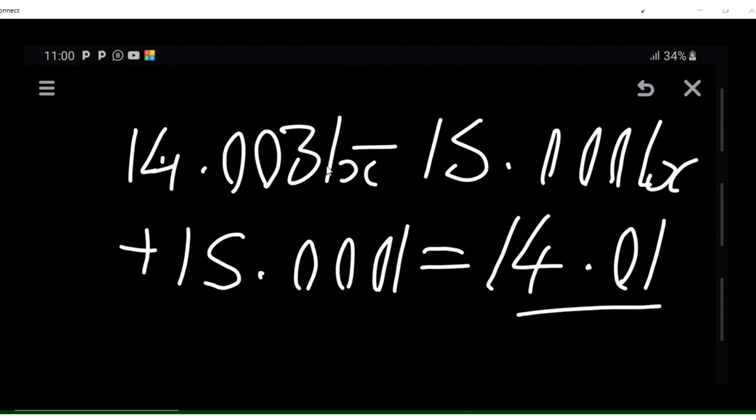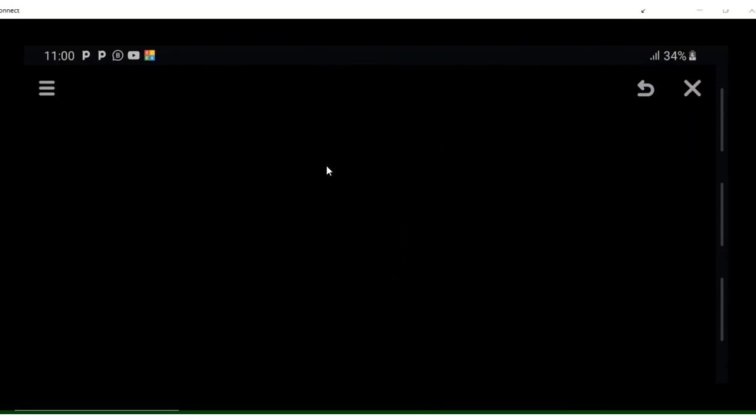You have to use 14.01 instead of 14.007. So when I subtract this part here, it's giving me a negative 0.997.